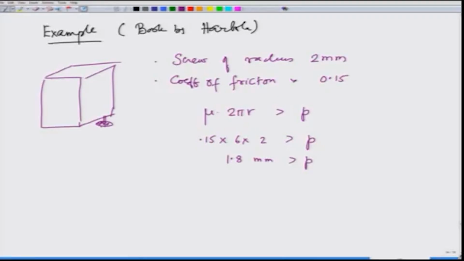Okay, and therefore, we should have about 1 centimeter divided by 1.8 mm, which comes out to be 10 divided by 1.8, roughly 6 threads per centimeter or more, because pitch should be smaller. So, minimum 6 threads per centimeter should be there, so that the screw holds there and does not slip back.